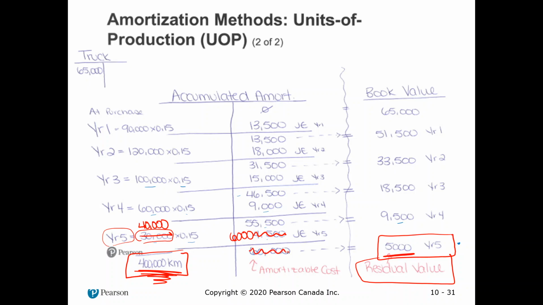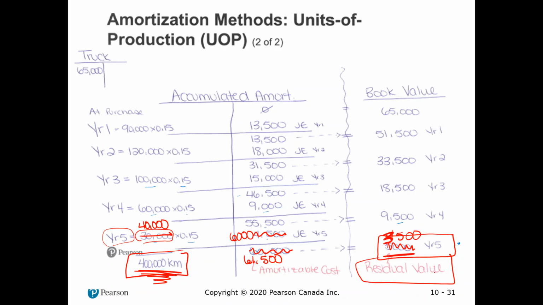So my new accumulated would be 61,500. And if I take that, I gotta do some math, you guys, my brain's not working fast enough. So 65,000 minus the 61,500, we're now sitting at this value of 3,500. See, my math's not very good.